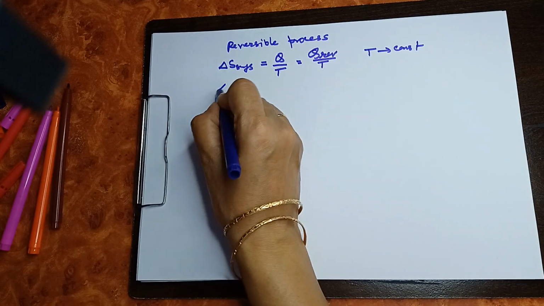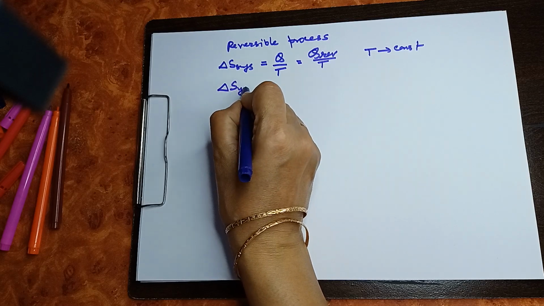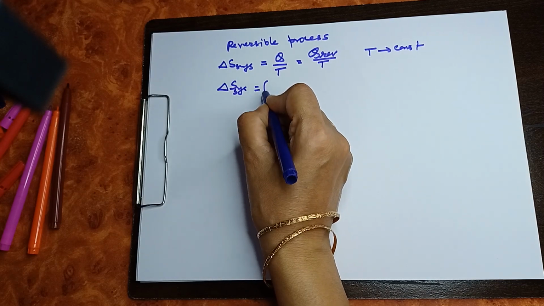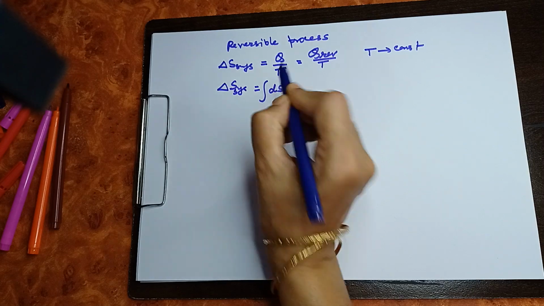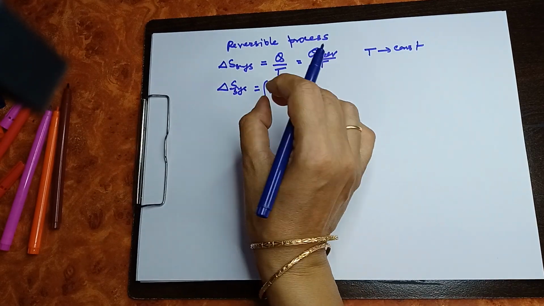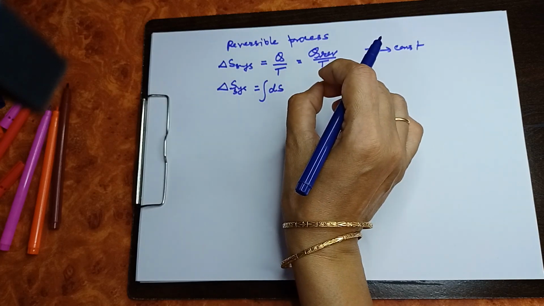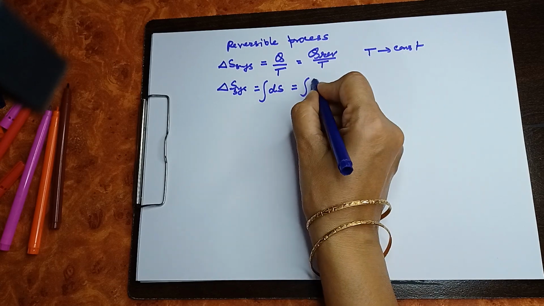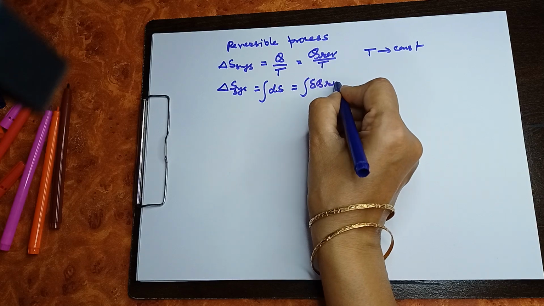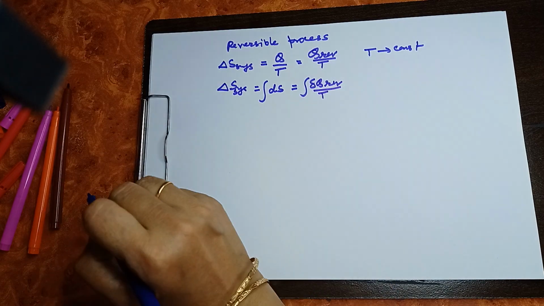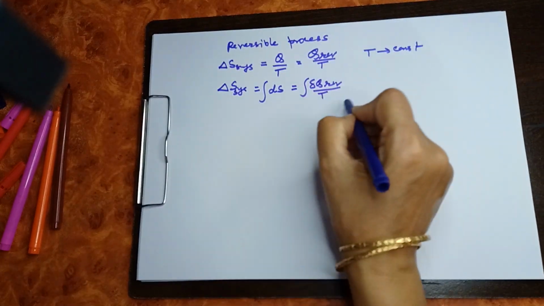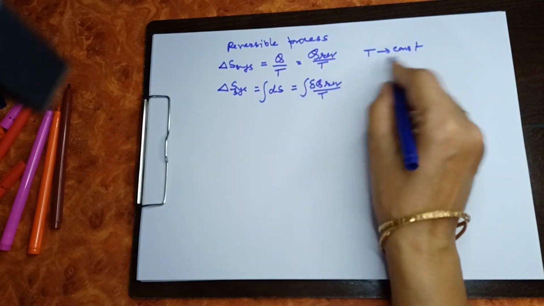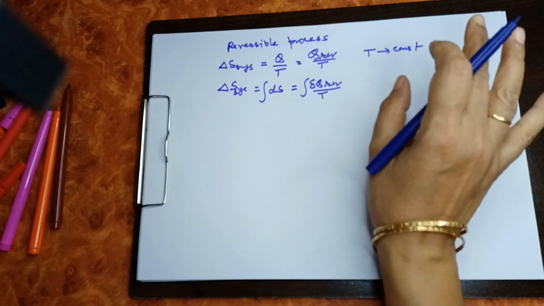Now another way we can represent delta S system is the summation of the change of entropy in all the small steps, which is equal to del Q reversible by T. This formula is applicable in any situation, whether temperature is constant or not.